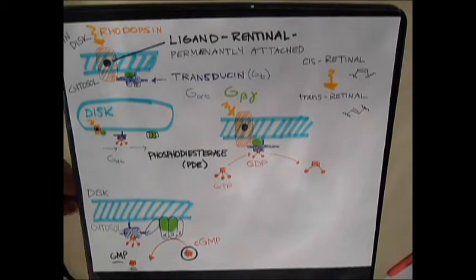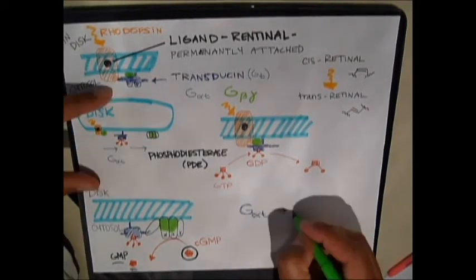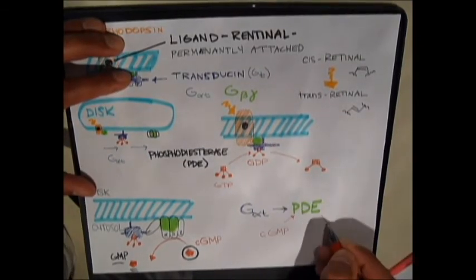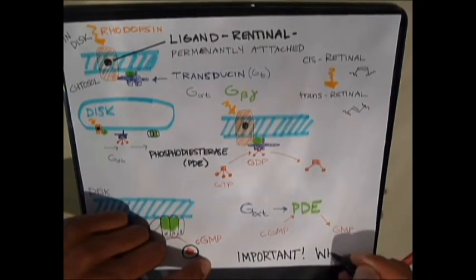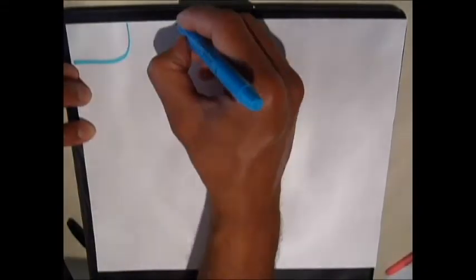Now this is going to have very important functions for the cell. But right now, again, quick overview. Alpha transducin goes to phosphodiesterase and converts cyclic GMP to GMP. Why is this important? Well, I'll explain it to you right now.